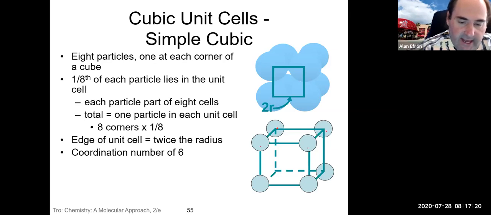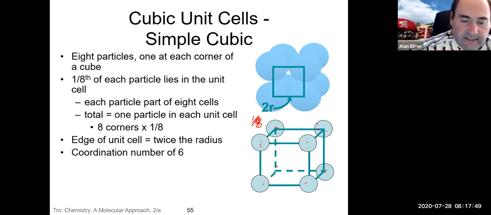Each of these atoms gets cut off at the corners, so each is 1/8 of an atom. So 1, 2, 3, 4, 5, 6, 7, and 8 corners gives you 1 whole atom. So when you pull out a simple cubic unit cell, you basically have 1 entire atom.